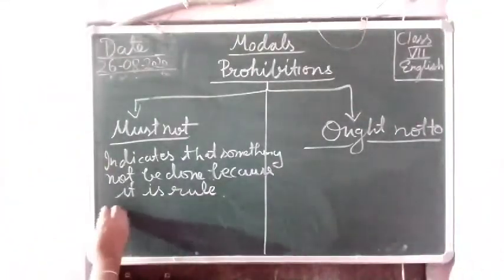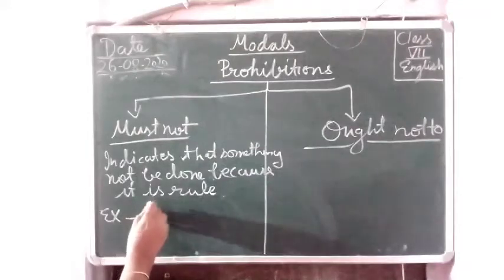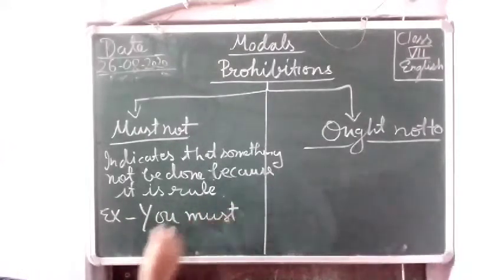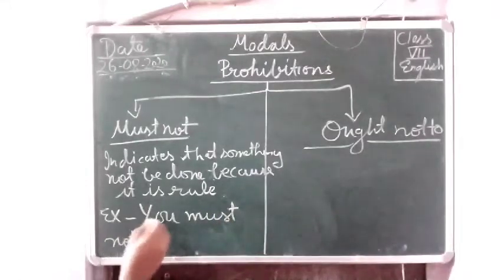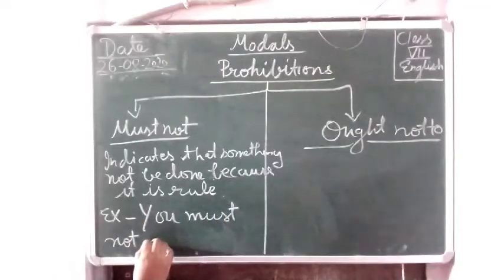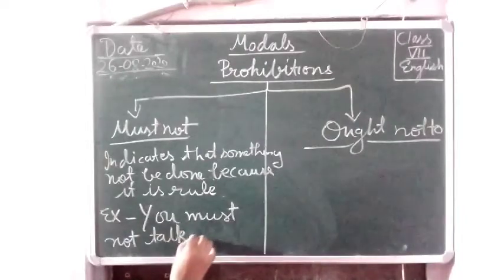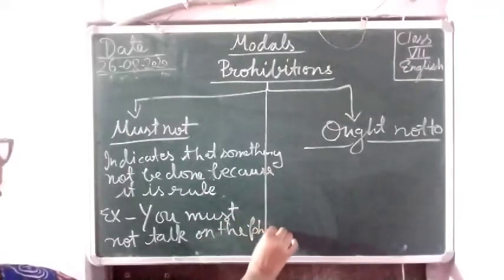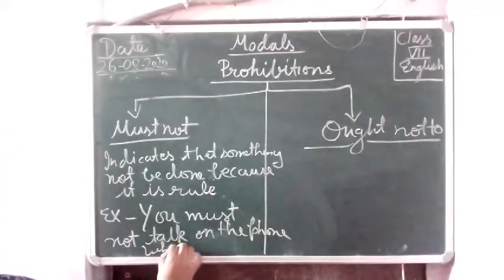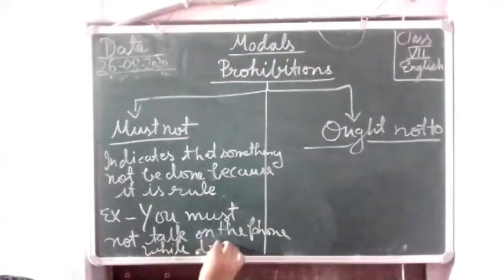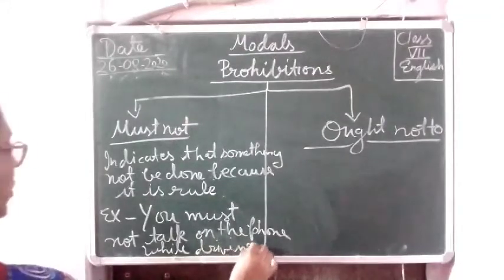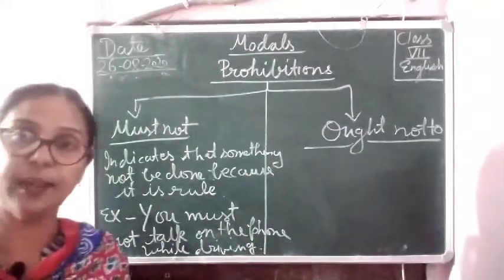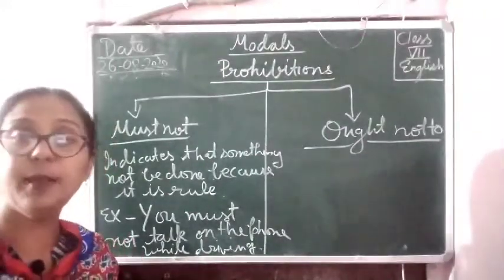How do you express it? I am giving you one example: you must not talk on the phone while driving. Yes, so it is prohibited, because if you talk while driving, what happens? An accident will happen.